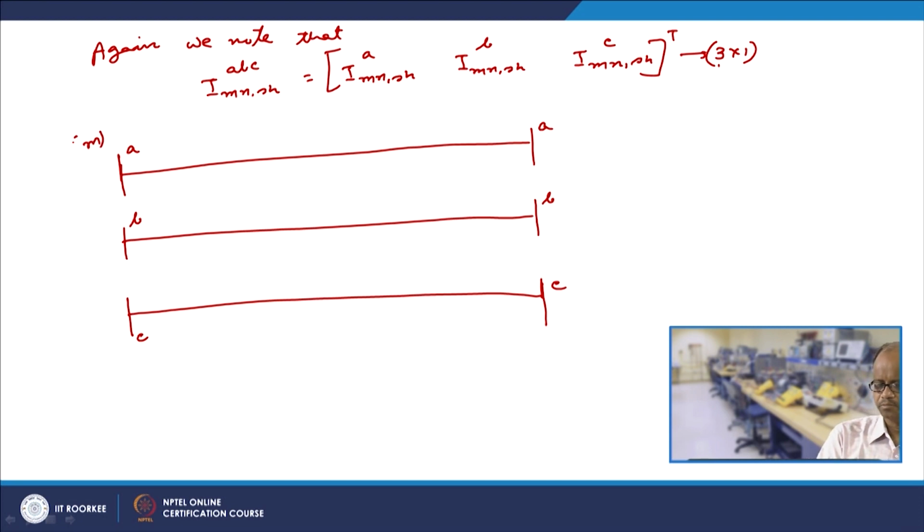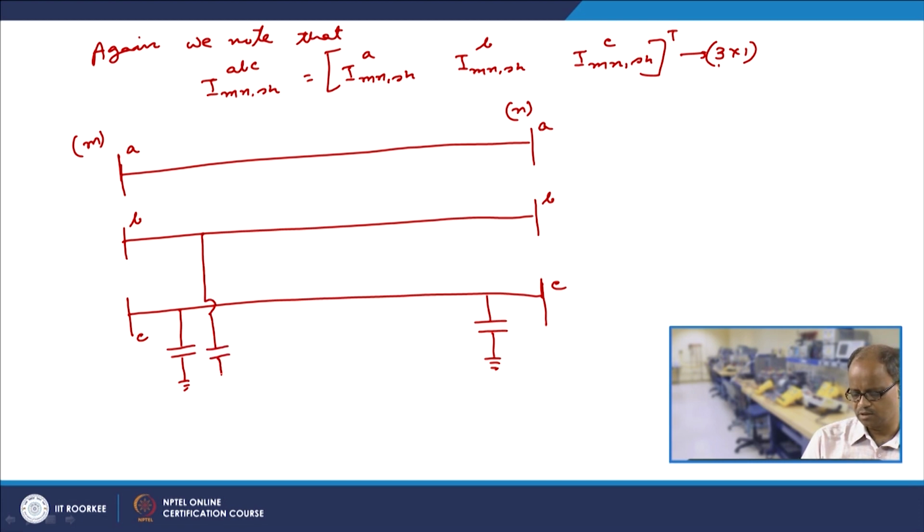This is bus M, this is bus N, and we have already denoted that there are individual impedances and also mutual impedances between any 2 phases. On top of that, there are also shunt half line charging susceptances between any phase and the ground.